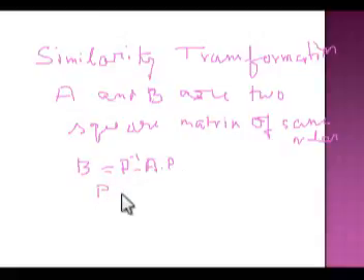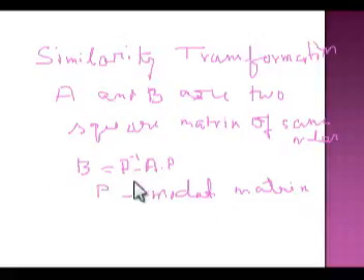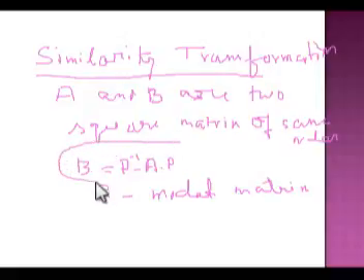Through a model matrix of the same order, we can represent matrix B through A. Such a kind of transformation from A to B is called similarity transformation.